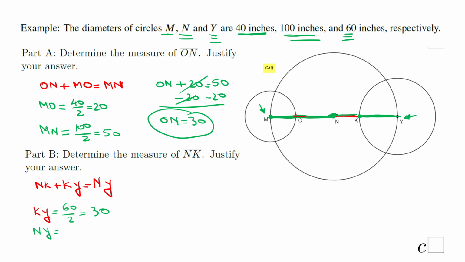NY is the radius of this big circle. We already found out it's the same as MN, and would be 50. Let's write here 100 divided by 2 equals 50. So now we're going to go to the first statement we wrote and replace KY with 30 and NY with 50, and of course now we're going to subtract 30 and end up with NK equals 20.